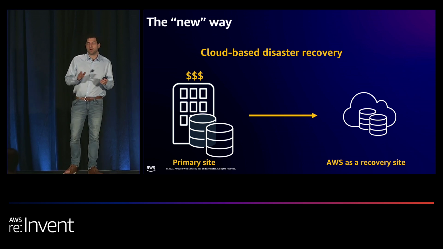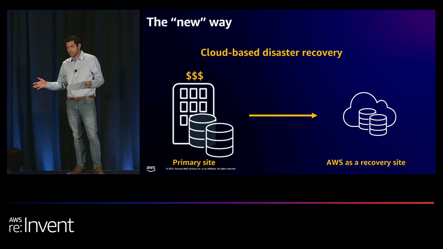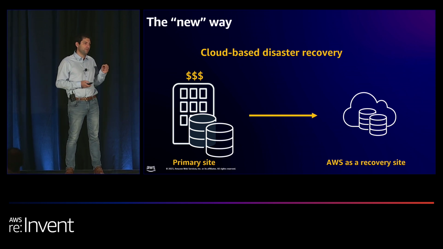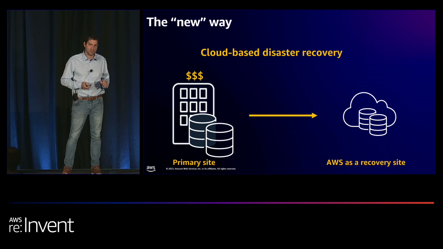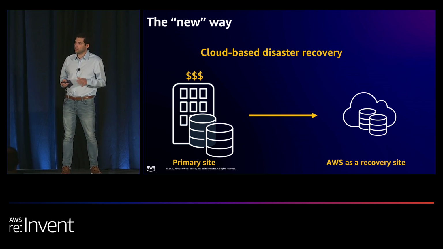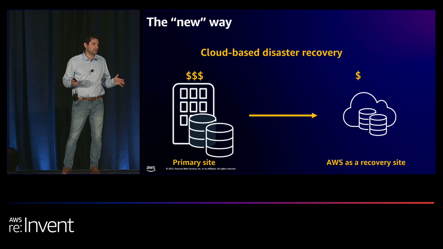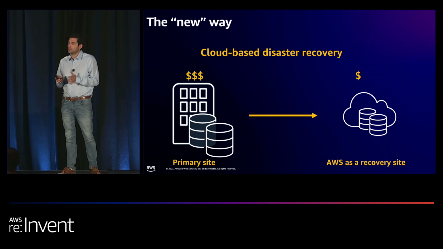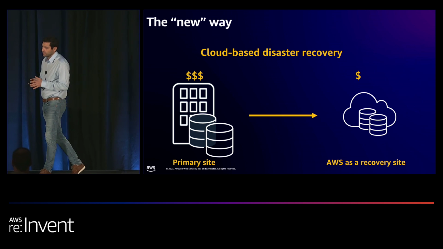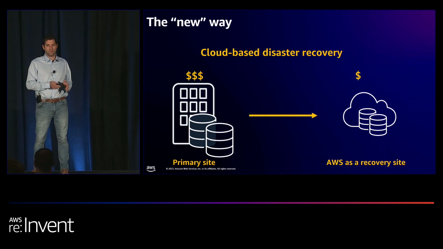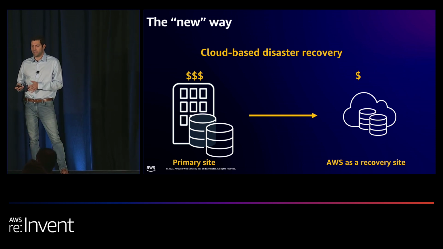But my recovery site, as AWS, does not need to be fully provisioned. It needs to run the very minimal resources that are required to support ongoing replication. So on an ongoing basis, I'm cutting down my cost drastically to the very bare minimum of what I need to support my ongoing replication.